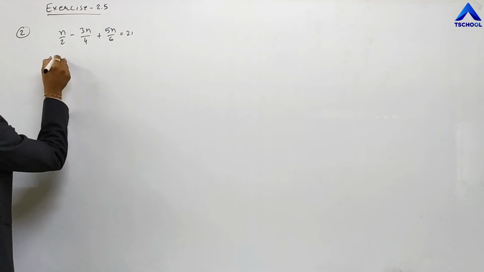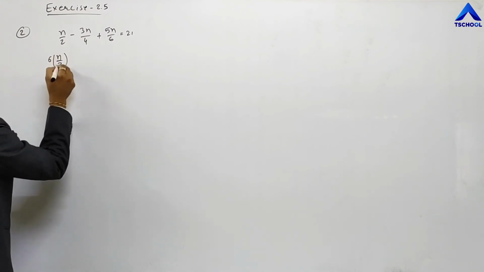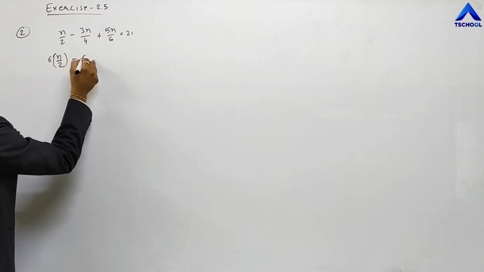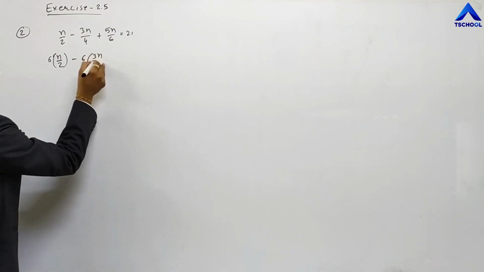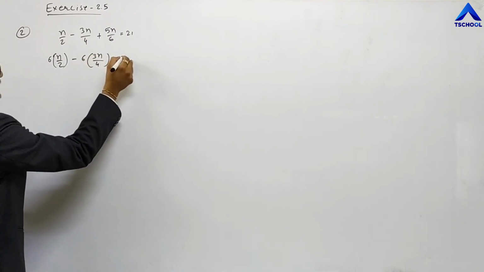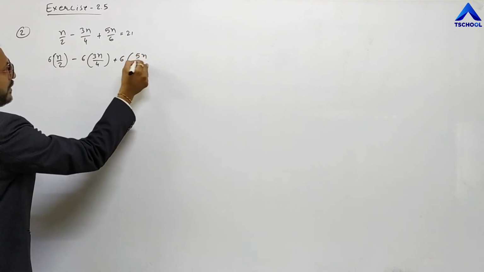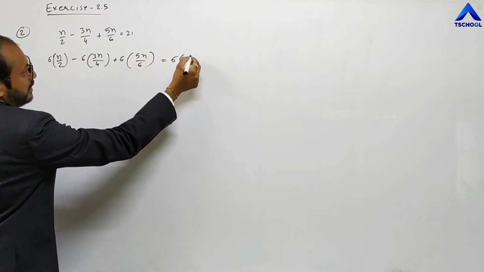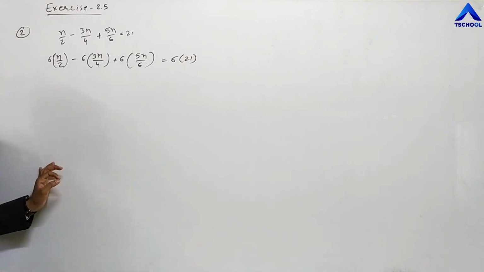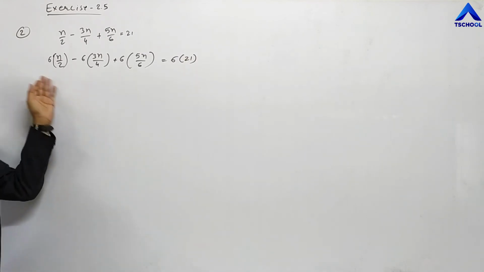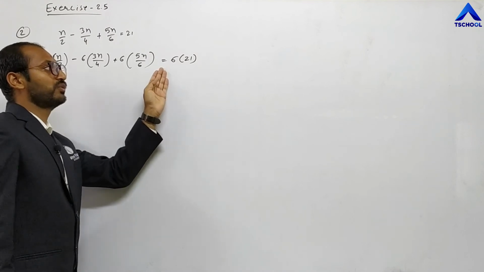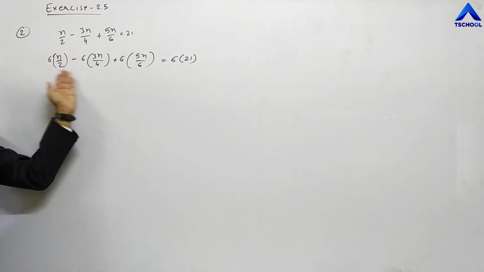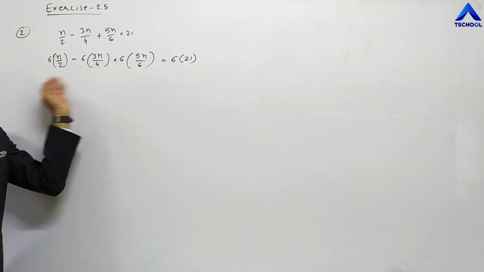So 6 times n by 2 minus 6 times 3n by 4 plus 6 times 5n by 6 equals 6 times 21. Here we are multiplying by 6 on both sides of the equals sign, and this multiplication is distributed over each term.